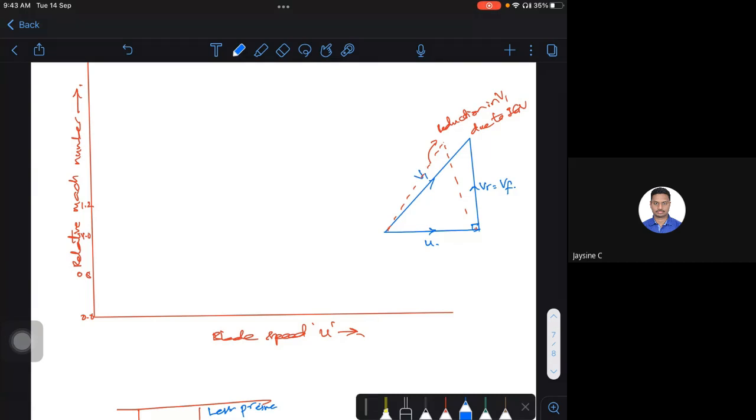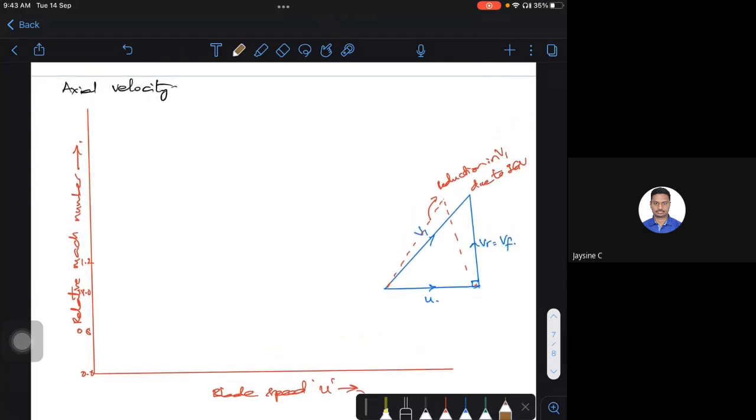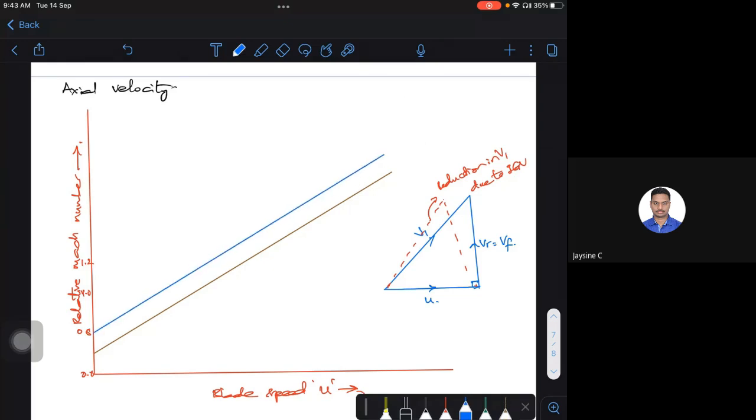Now, if I have some kind of IGV, what will happen? Say at 0.8 Mach number, roughly, it is not a complete 45-degree line, maybe slightly. These are the lines I'm going to get. This is for one velocity, and I may get one more velocity.